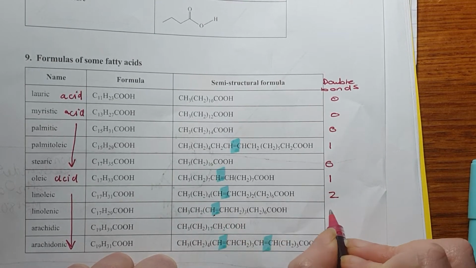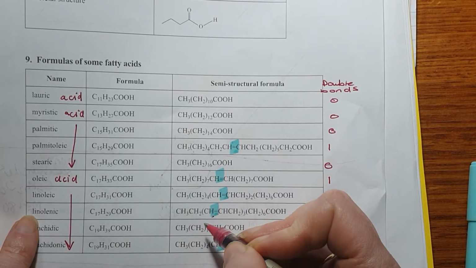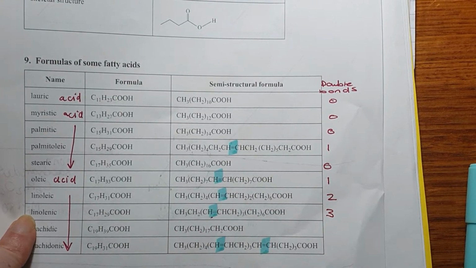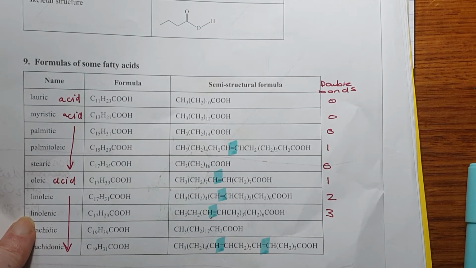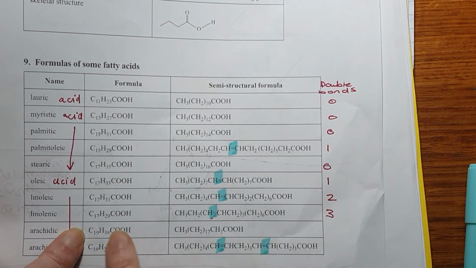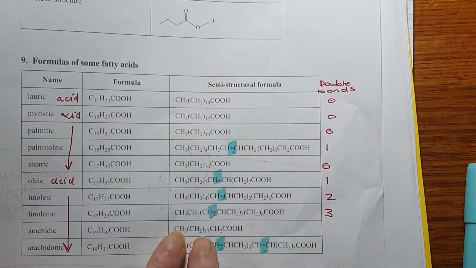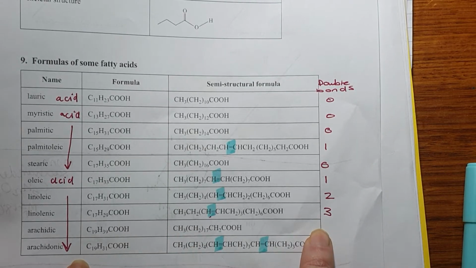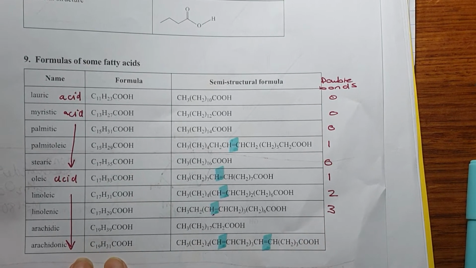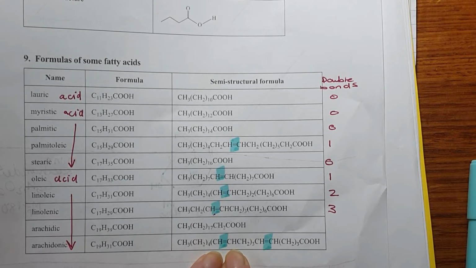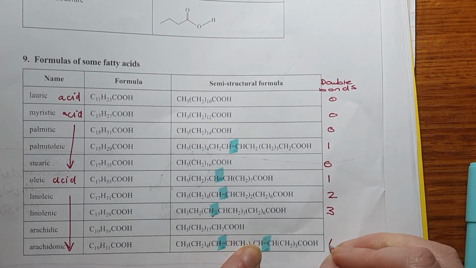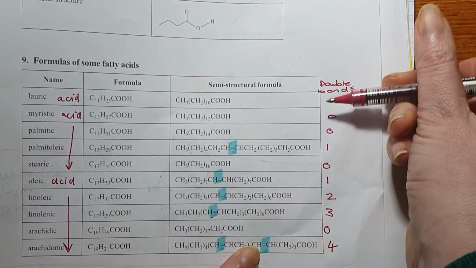Then this one has 3, for linolenic. Yep, no one's going to make you say it. I'm sure I'm butchering it. There's none there. And 1, 2, 3, 4. So that's how many double bonds.